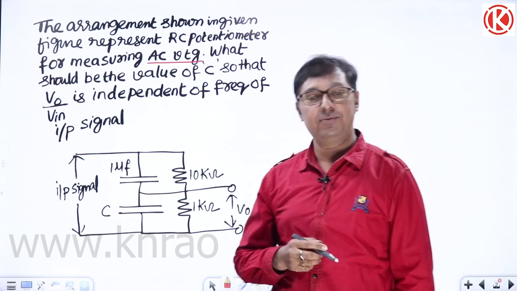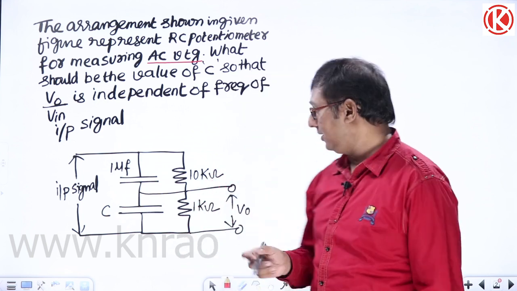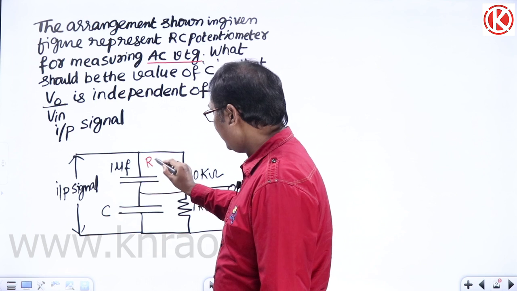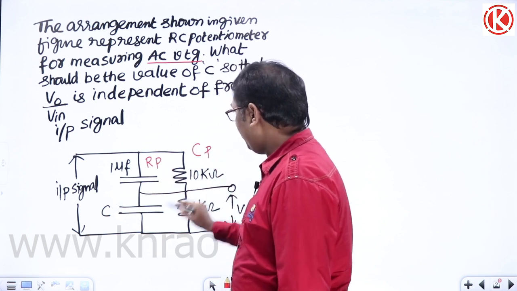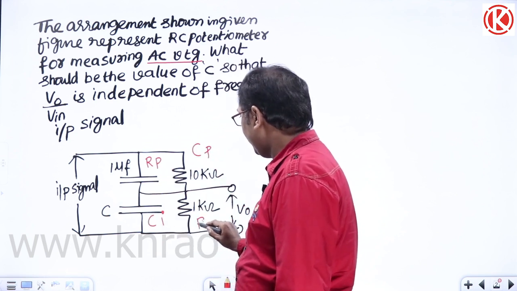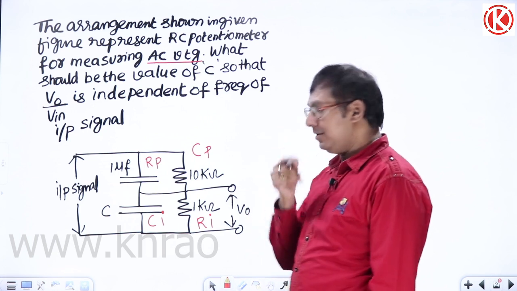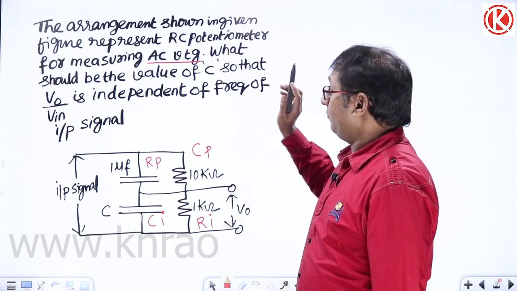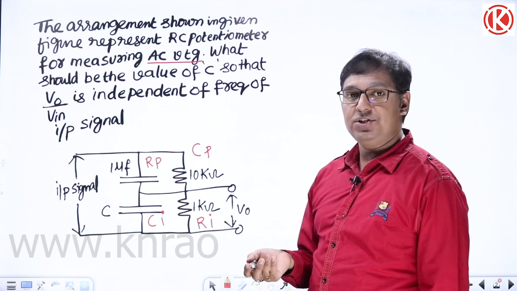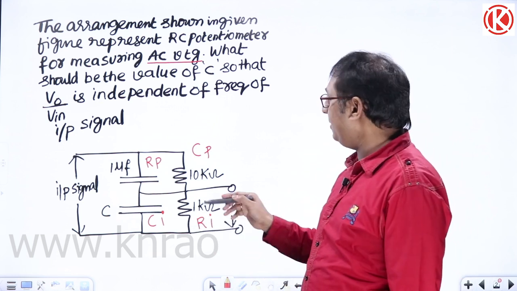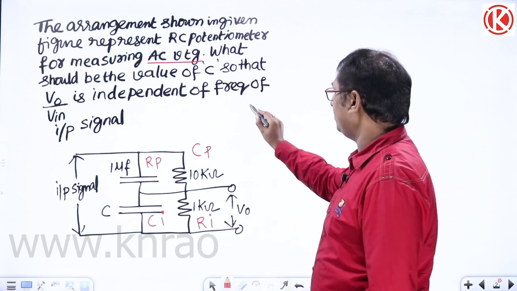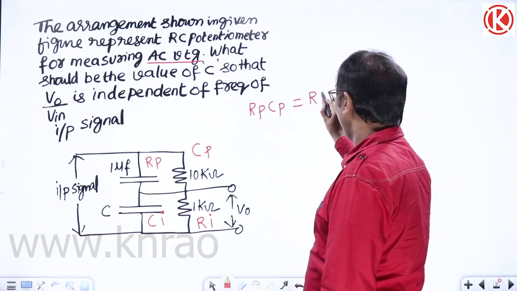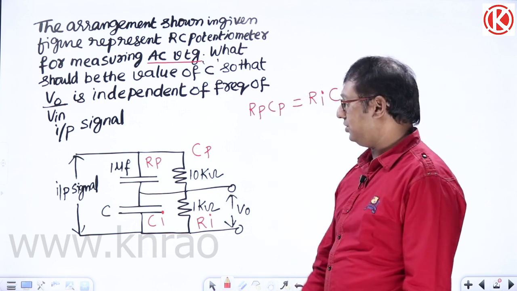Here the data is given in terms of a potentiometer, but you have seen the similar circuit with the probes, which we call RP, CP, CI and RI, and there we have derived the condition. For the attenuation factor K to be independent of frequency, what is the condition we have written? RP CP equals RI CI. This is the condition we got.